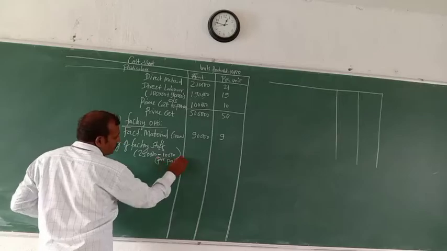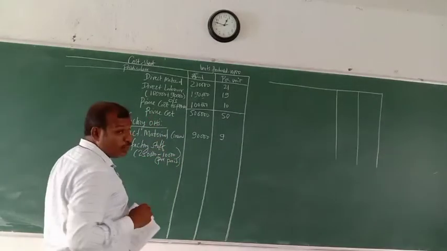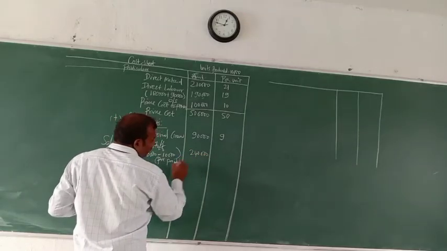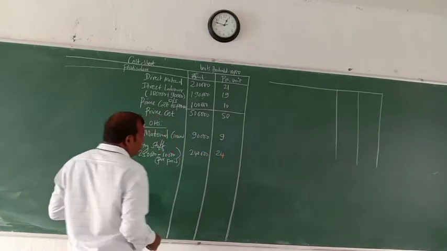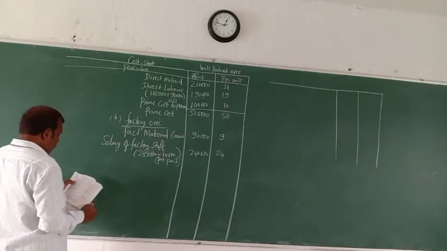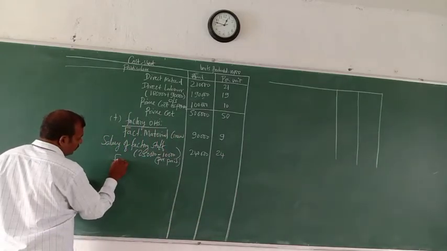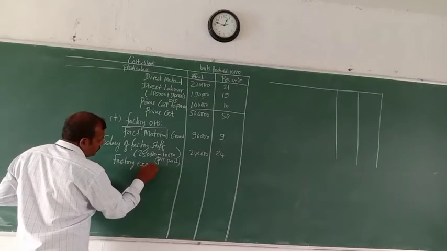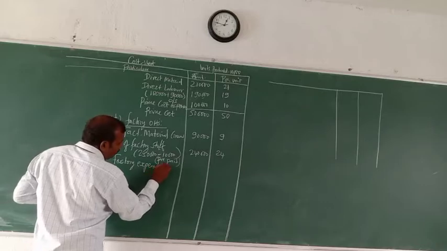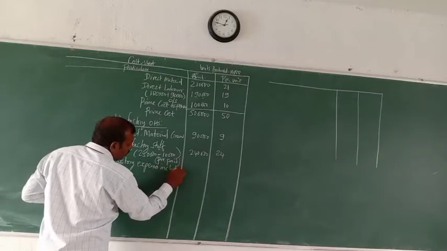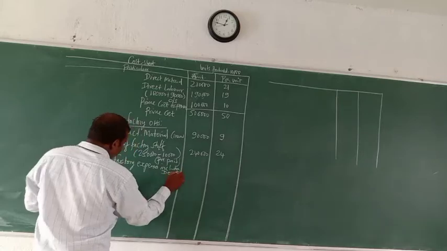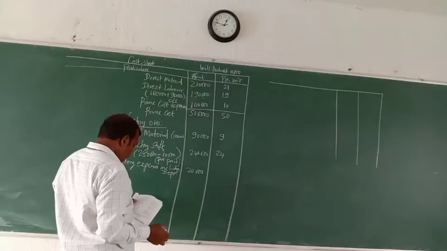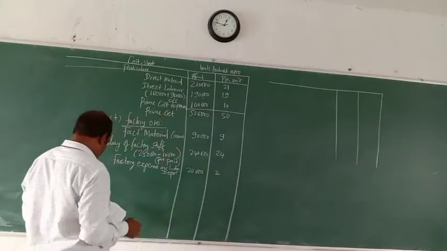This 10,000 is prepaid, should be deducted, outstanding should be added. So 2,40,000. 2,40,000 divided by 10,000 will get 24. Factory expenses including depreciation, 20,000 divided by 10,000 will get 2.